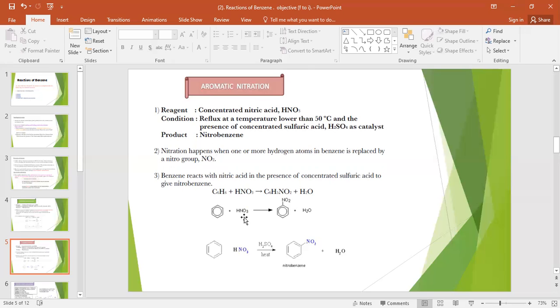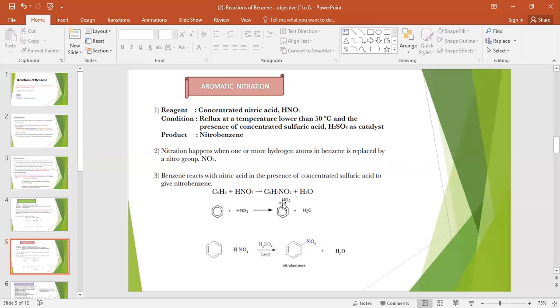Sometimes in exams they will write only NO2 plus. That is the electrophile that comes from nitric acid, and that NO2 plus will attack the benzene ring, remove one hydrogen from here, and attach itself to the benzene ring. So you will get NO2 on the ring.